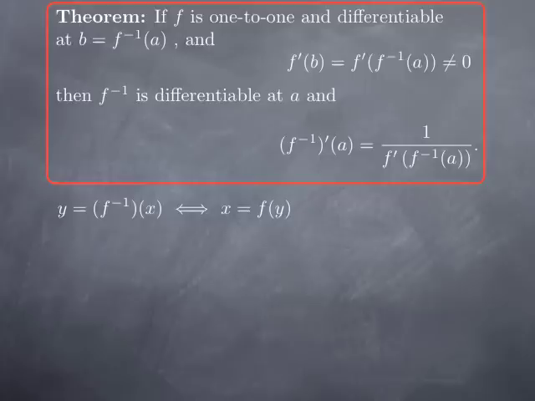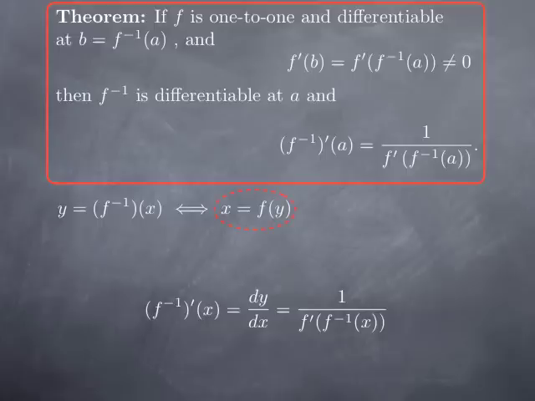So we have y is f inverse of x, which means x is f of y. And we want to calculate the derivative of f inverse. So because y is f inverse of x, that's dy over dx. And applying the formula we just have established, this is 1 over f prime of f inverse of x.